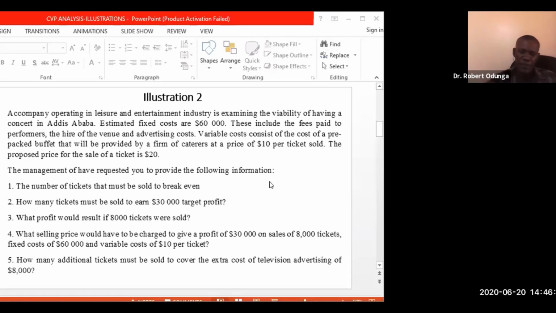We know the profit, but we don't know the selling price. So we need to determine the selling price. So fixed cost of 60,000 and variable cost of 10 per ticket. So the fixed cost remains the same, and the variable cost is 10 per ticket, which we already have there.